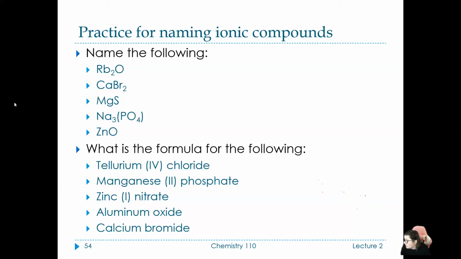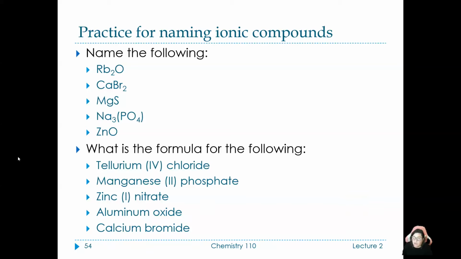Based on where it is, below boron, we know that it's going to lose 3 electrons to do that. So it's going to be aluminum oxide. Since the aluminum is 3+ and the oxide is 2-, we need to have Al2O3 to make the charge work.